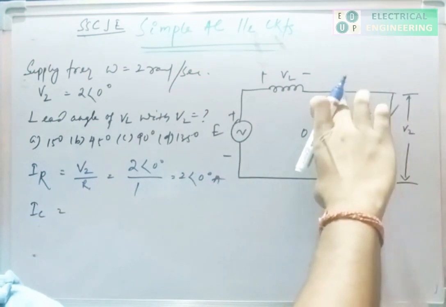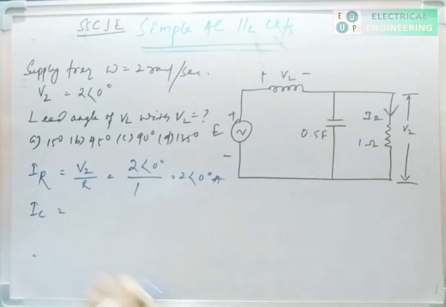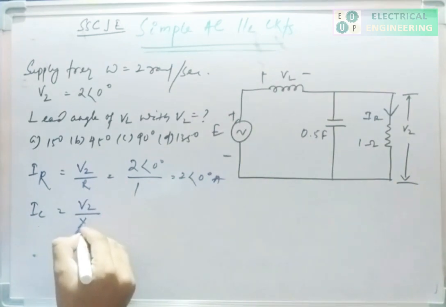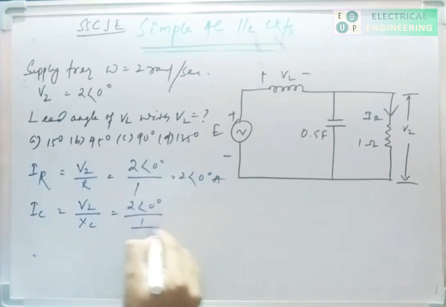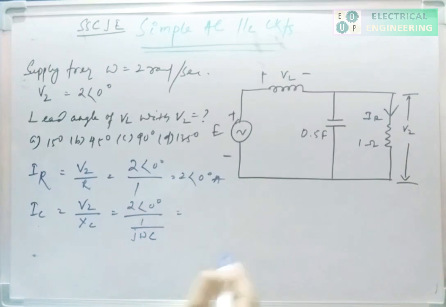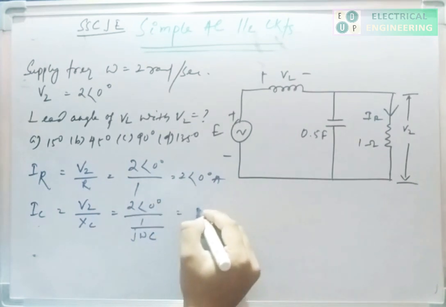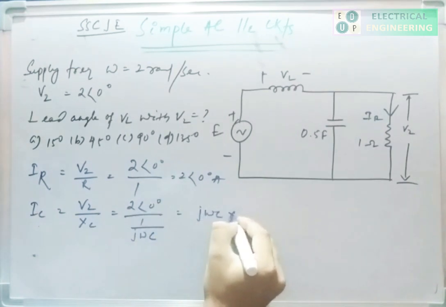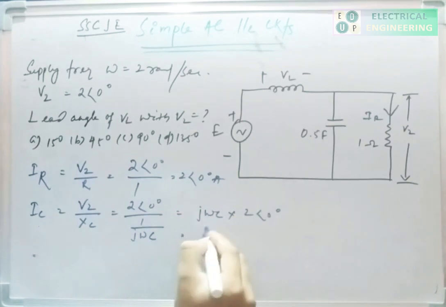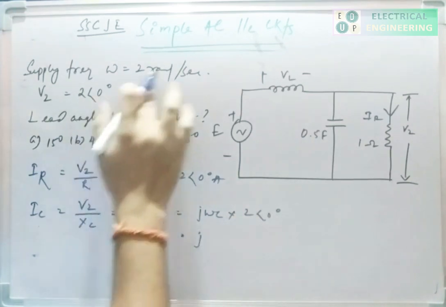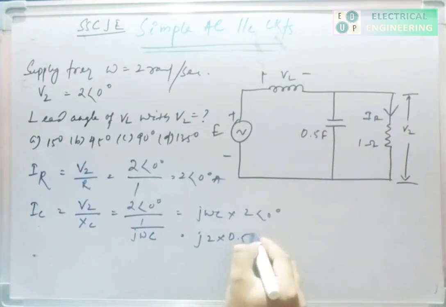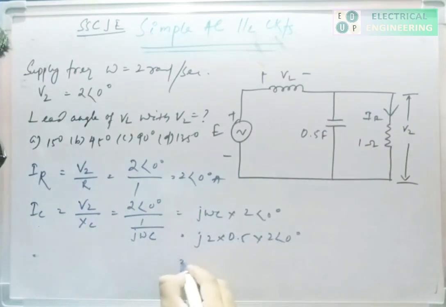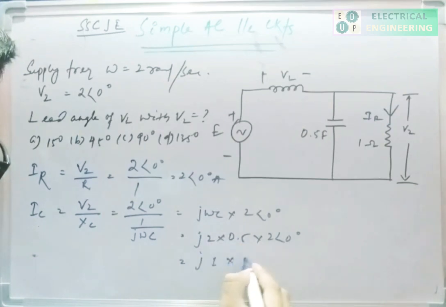IC is nothing but V2 divided by reactance, so V2 divided by XC. V2 is 2 angle 0 and XC is 1 by j omega C, so it is j omega C into 2 angle 0. How much is j omega C? Omega is given 2 radian, and C is given 0.5, so it is j1 into 2 angle 0.